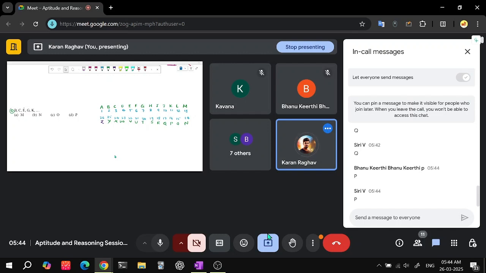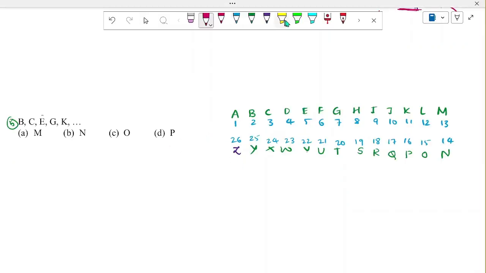Siri P. Next, others not active. Just try once. If you give a try, then you will understand. If you are making some mistakes while solving such questions, you can just clarify when I will explain. Okay, fine. We'll go for solving the question.